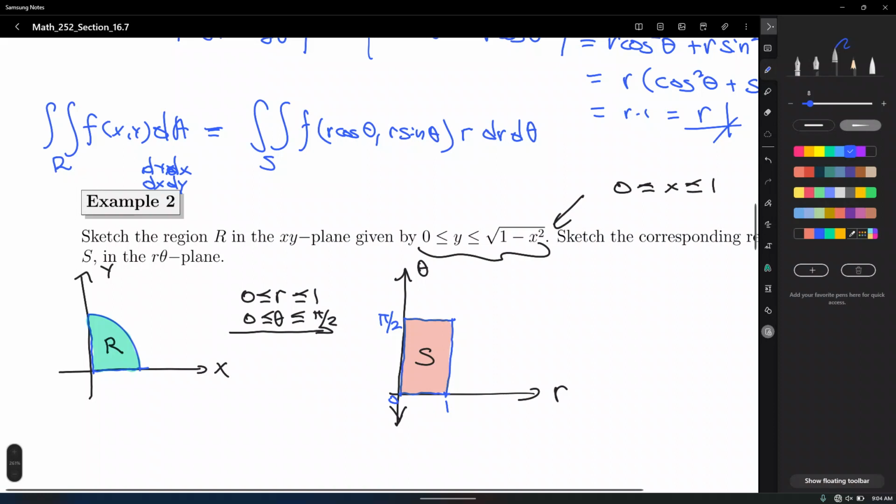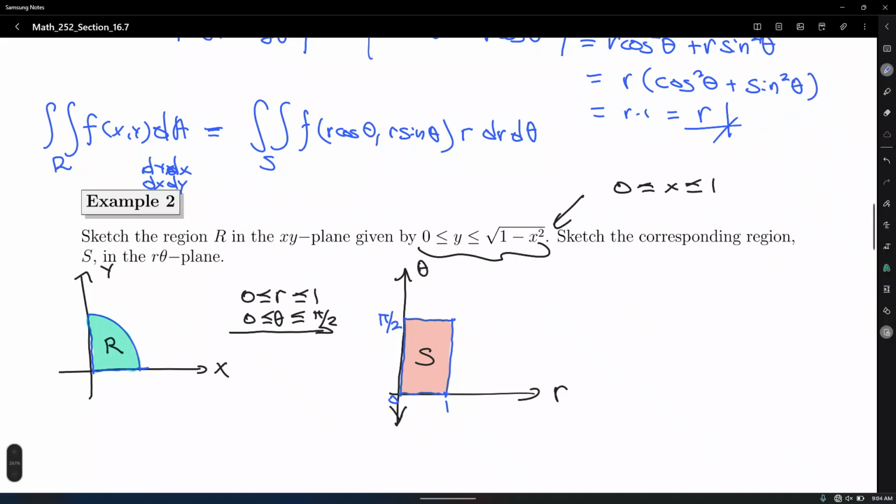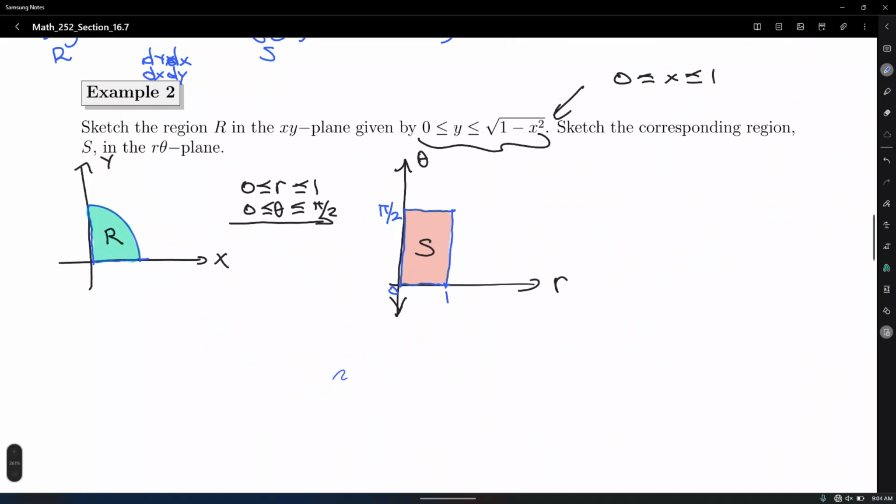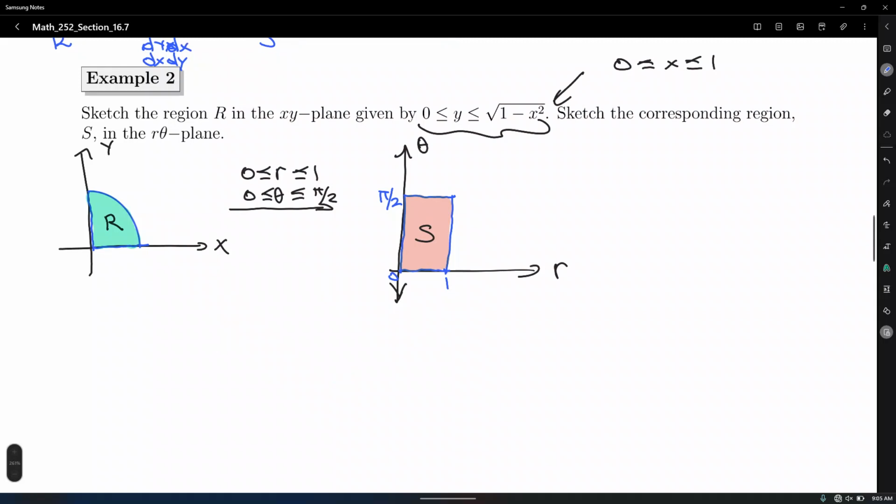So now you'll have a different perspective of this change of coordinates. So how do you like that second region? Even still, this quarter of a circle, it's not too complicated to integrate over, but it's still a lot better to integrate over the rectangular region, right? So what did we do here if we were to integrate this?